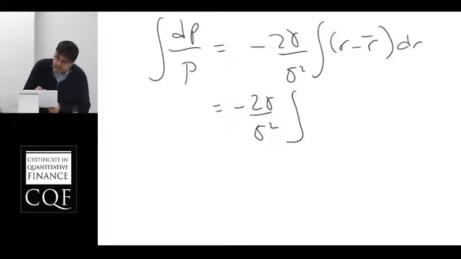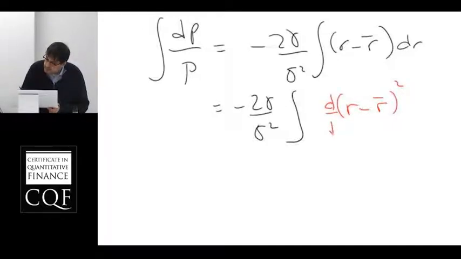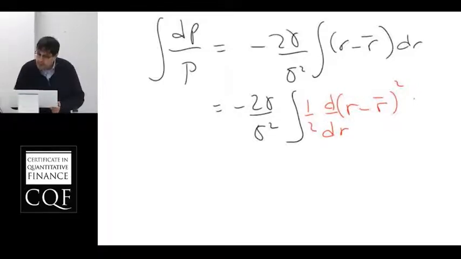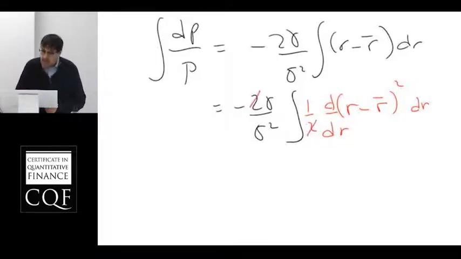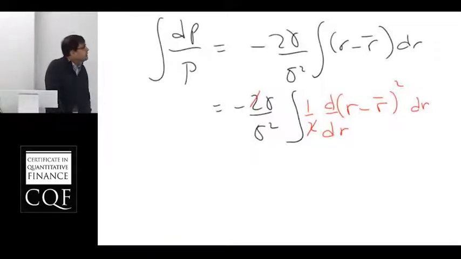If I was to write down r minus r bar, square it, differentiate it, and then divide by 2, would you agree that that integrand is the same as the integrand above? The same thing, isn't it? Which means if I bring that 2 outside, that goes, and then we don't actually have to do any integration. Everything's been presented to us on a plate.